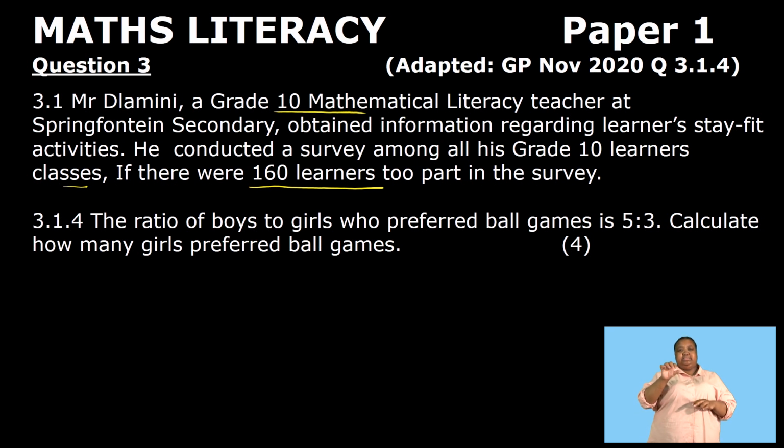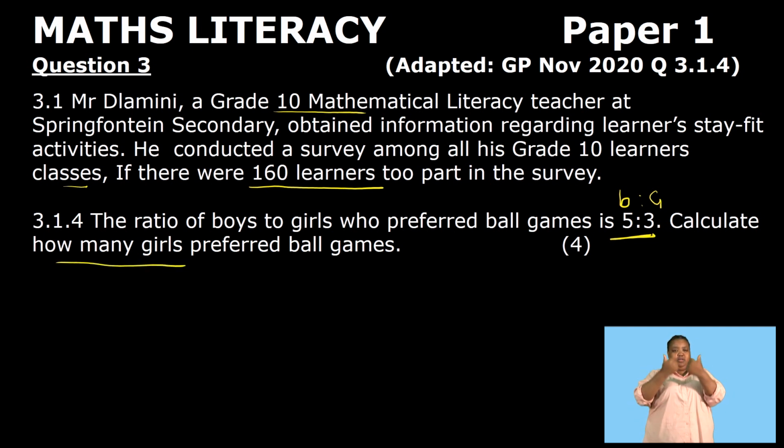Now we need to look at the question, 3.1.4: the ratio of boys to girls who preferred ball games is 5:3. So it means we have boys on one side, and then on the other side we have girls. Calculate how many girls preferred ball games.